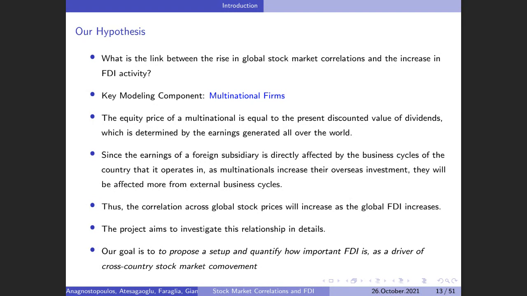And when your operation level is higher, you have FDI levels outside the economy more and more, the spillover of technology to the rest of the world economy will also be more. And this technology capital's global spillover effects will also increase the stock market correlations, because this technology capital is used overseas. The reason why the local firms invest into technology capital is not anymore only the utilization of that at home, also at away plants.